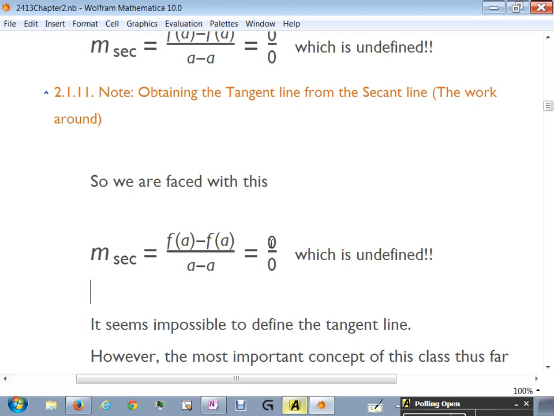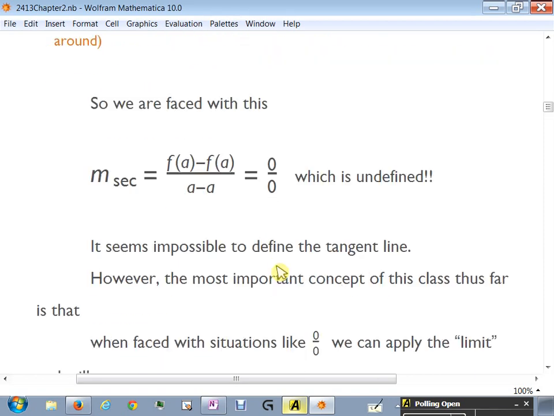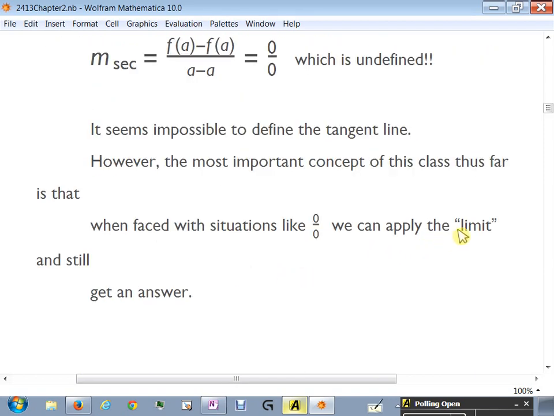When we took limits, we were getting 0 over 0, but we were still able to get answers. And it's obvious, hopefully for you geometrically, that that secant line is approaching a specific line, right? It's not just randomly going everywhere. That green line looks like it was defined. So the way we're going to be able to get this is to somehow apply a limit. We need to use a limit to get the answer.